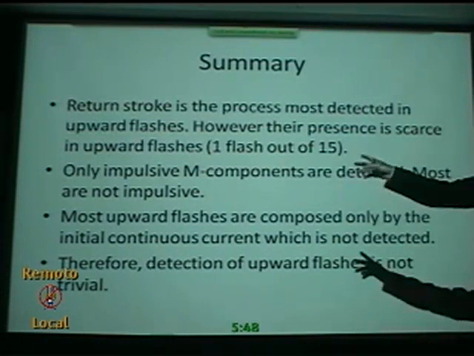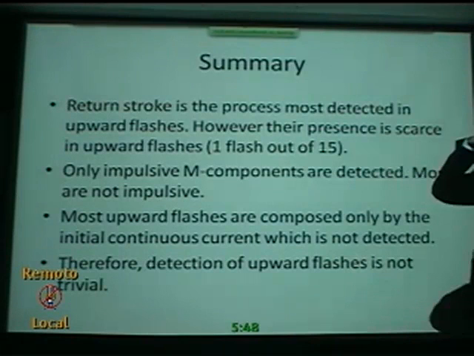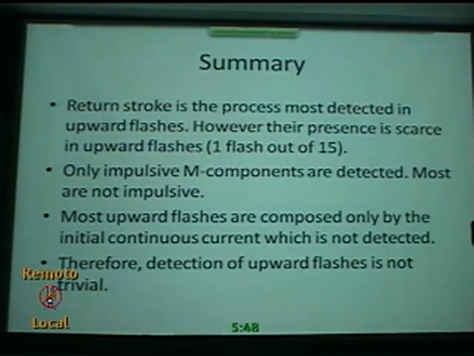All these I'm calling M components because they occur on top of the initial continuous current. Right, but other than the ones where you see clear signs of luminosity, do you see other impulsive components in the electric field measurements?